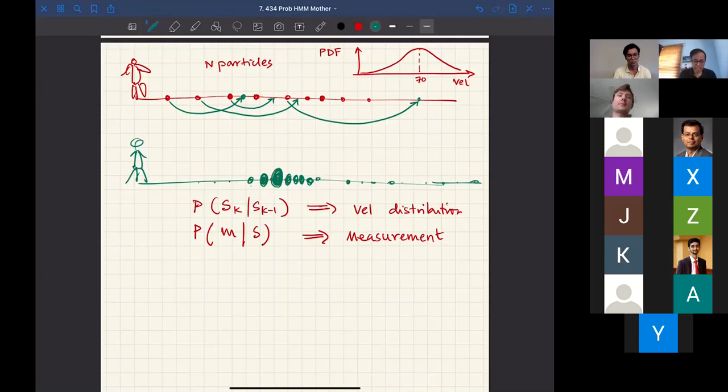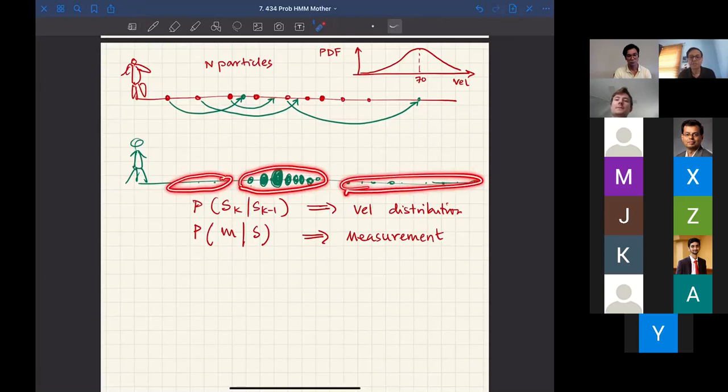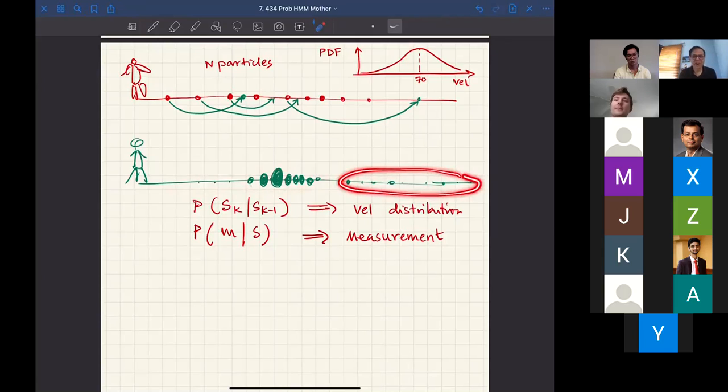This is what I started off with: beliefs where all my beliefs were of equal weight but scattered. But now my beliefs have kind of concentrated on this area, and my belief around this area has become smaller, right? So now what I do is I say, look, I have only n particles. These beliefs are not that useful because they're already very low. Let me bring these particles back to the region where my belief is high.